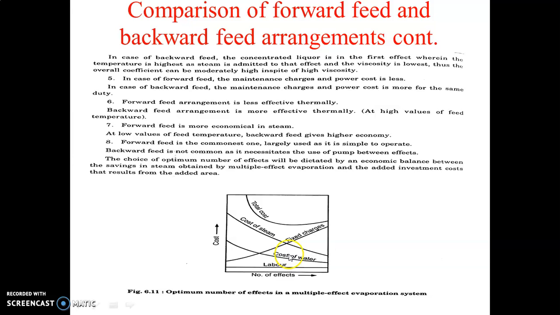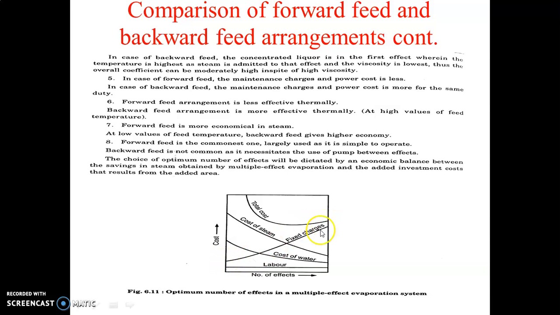If we increase the number of effects between the steam supply and the condenser, the amount of evaporation per kg of steam fed to the first effect increases, and the operating cost will also be less. But at the same time, the capital cost and repair and maintenance cost increase with the increasing number.